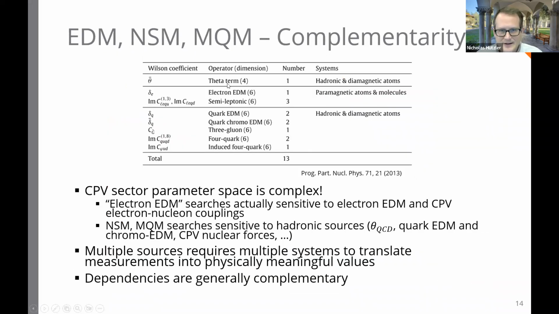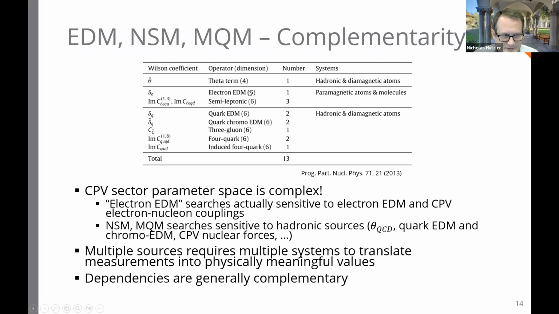More rigorously, if you write down all possible symmetry-violating observables in terms of irreducible effective operators, there are 13 of them. So if you want to ultimately nail down which of these unobserved parameters is non-zero or what its value is, you can't just do one experiment.